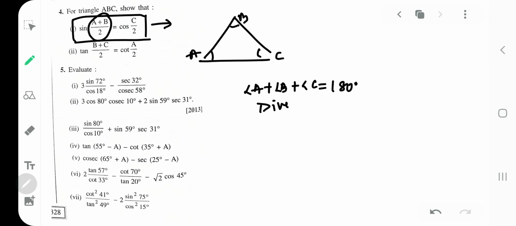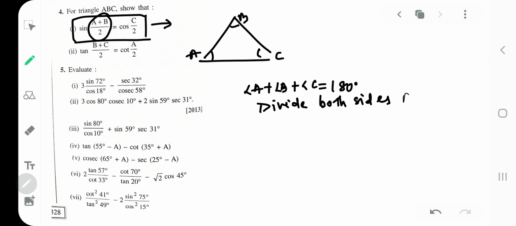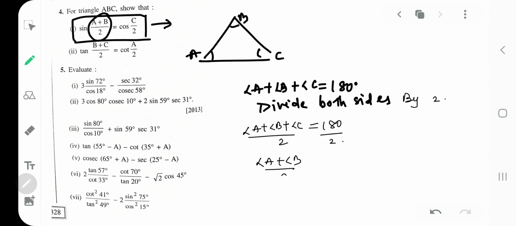So I will divide both sides by 2. So that will be angle A plus B plus C upon 2 is equal to 180 upon 2. I'll keep angle A plus B upon 2 here, and C upon 2 I'll take to that side. So that will be 90 minus C upon 2.